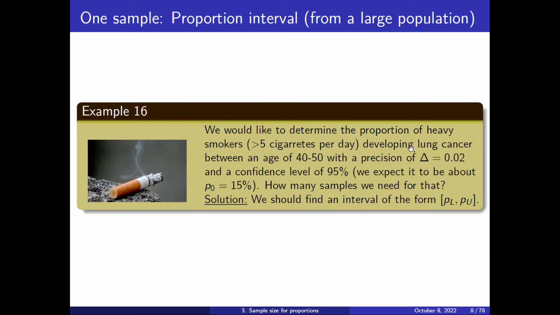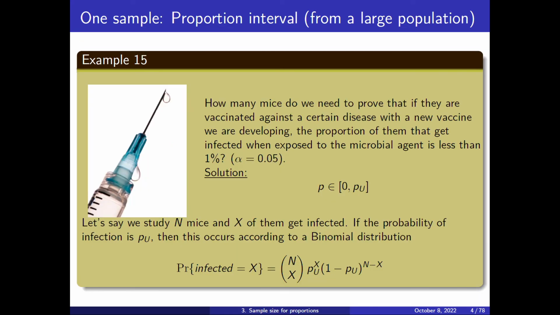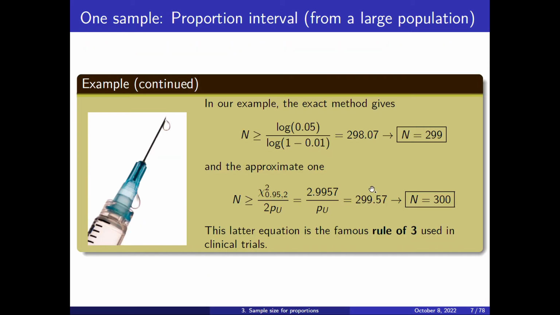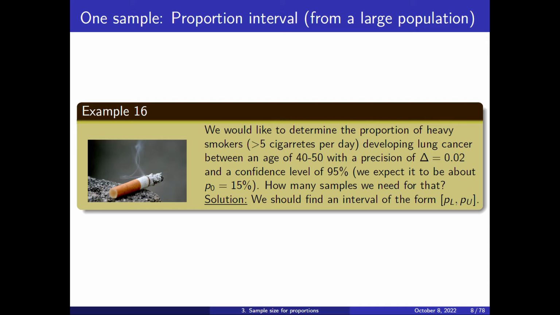Okay, so let us give another example, but now the proportion will not be close to 0. The proportion that we were trying to calculate before was close to 0, and the confidence interval was of the shape 0 and then an upper bound. But let's say that now we have a problem in which the proportion is not close to 0.